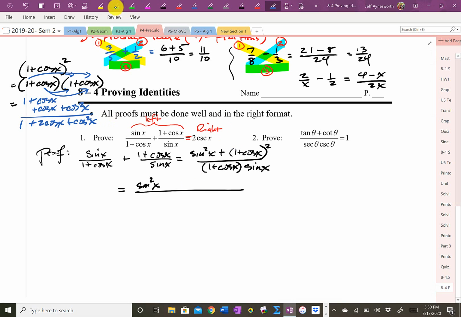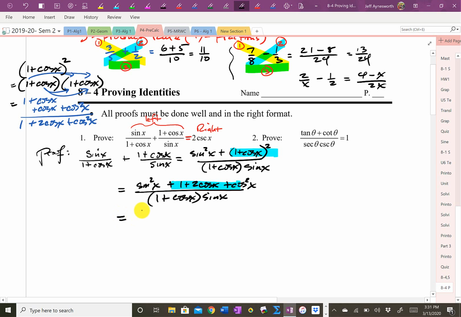So this right here, what I just did, gives you this. So I've got sine squared x plus all of this, 1 plus 2 cosine x plus cosine squared x, all divided by the denominator, 1 plus cosine x times sine x.